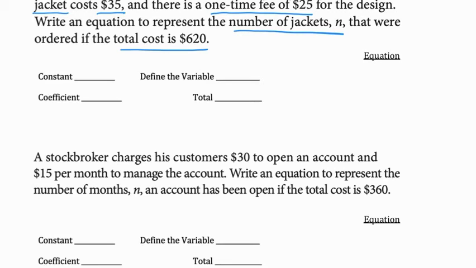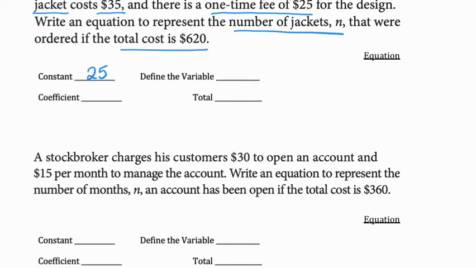Well, do we have a constant? Do we have a number that is staying the same every single time? And hopefully you are saying yes. No matter how many jackets we buy, we have that one-time fee of $25. So that is our constant. It will never change. The Taekwondo class will always be charged $25 first.